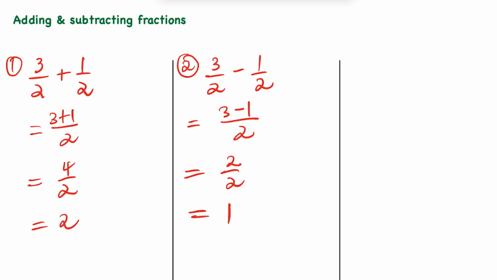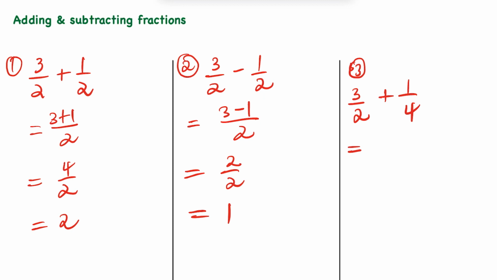Let's say now, in a case where the denominators are not the same. In number 3, we have 3 over 2, and let's add 1 over 4. Denominators are not the same, and I'm going to make them the same. How do I make them the same?